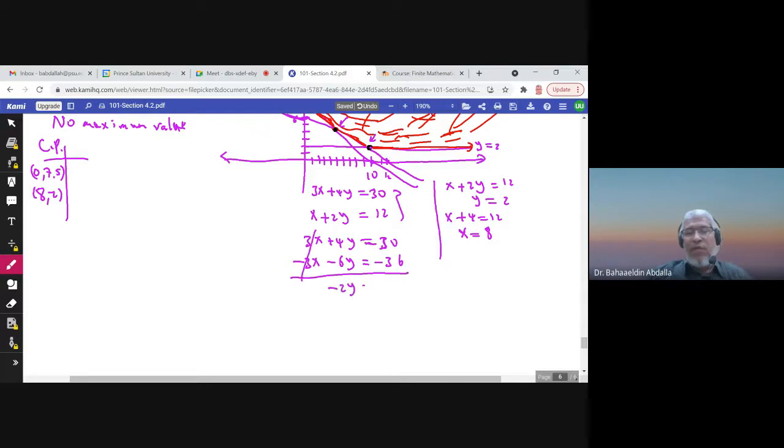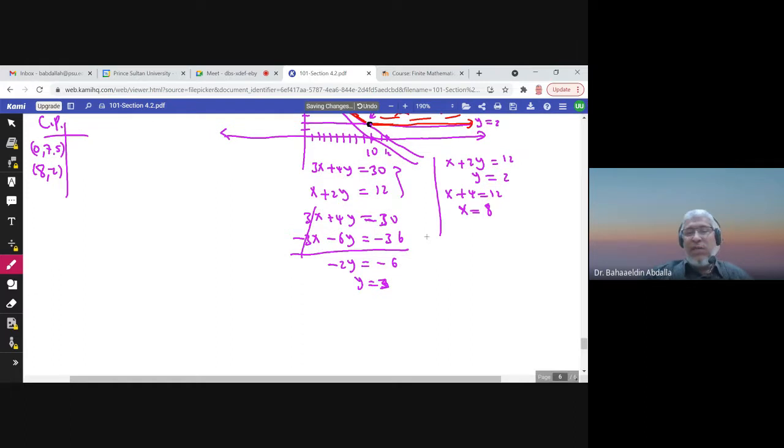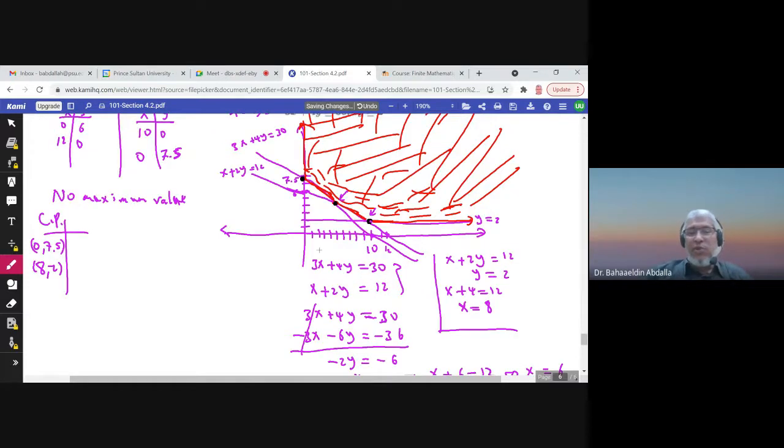And now -2y is -6, so y is 3. If y is 3, then x plus 6 is 12. So x is 6 and the point is 6, 3. So this point is 6, 3, which is okay, possible. So these are the 3 corner points.